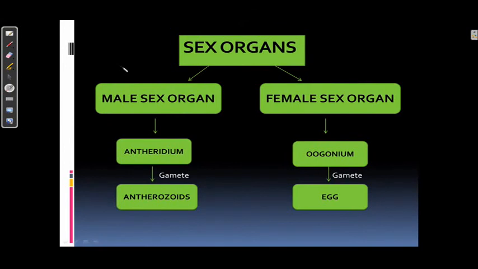So let's know about the sex organs. The male sex organ is called antheridium that produces numerous small flagellated gametes called antherozoids, and the female sex organ is called oogonium that produces only one large non-motile egg.